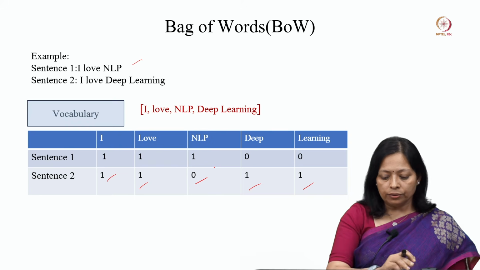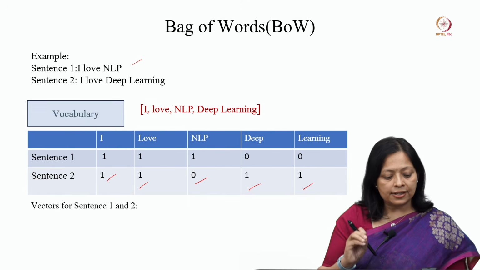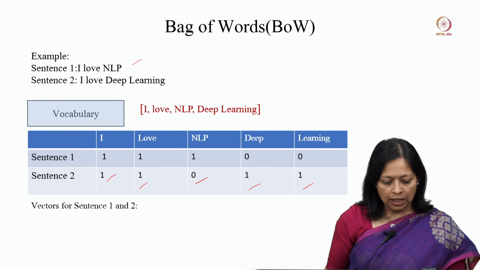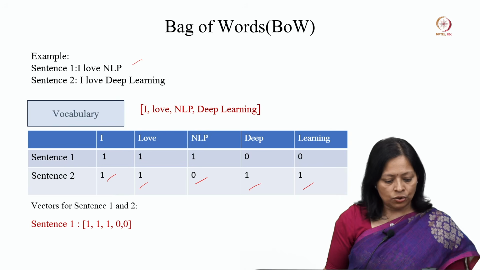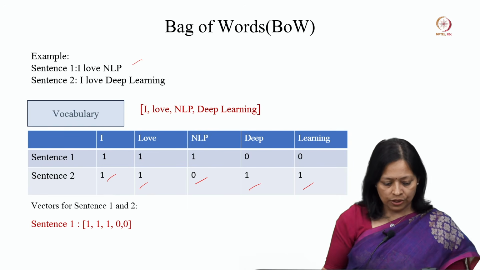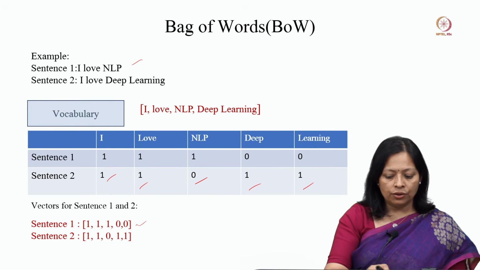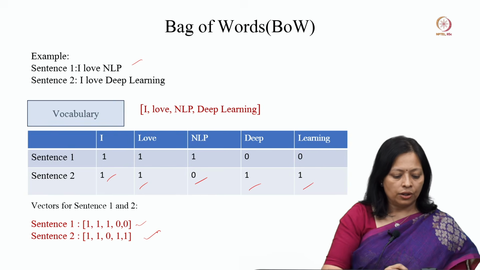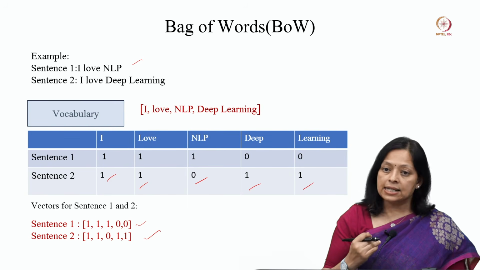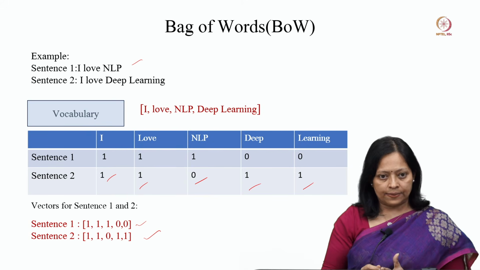Okay. So, if we make this kind of a table, then we can get the vectors from this representation: for sentence 1 it is 11100, which is shown here, and for sentence 2 it is 11011, which is your vector representation for sentence 2. Okay. So, this is the bag of words technique.